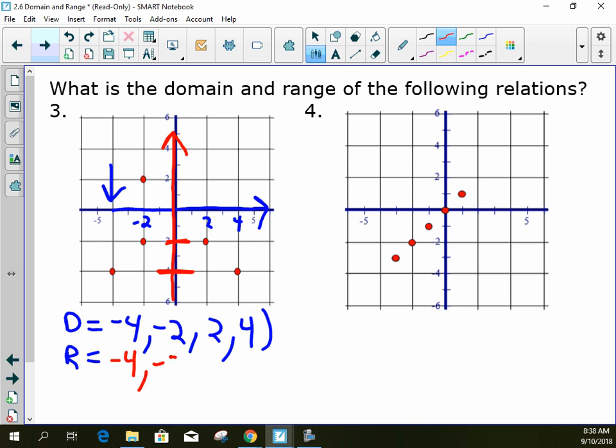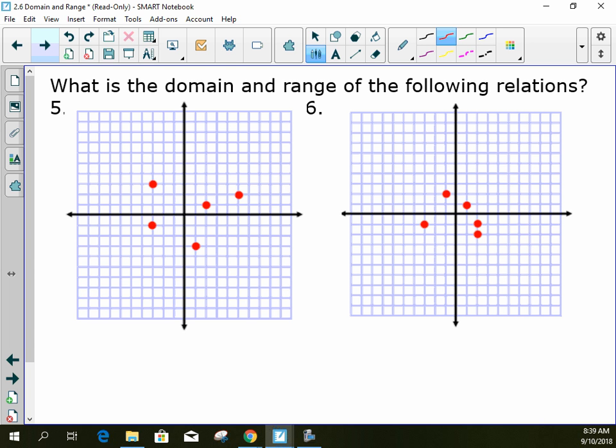Yep. Do I have anything at +2? Yep. That's it. So I went this way for the x, had something at -4. Had 2 things at -2, only wrote 1. Had 1 thing at 2, had 1 thing at 4. Do the same for number 4.